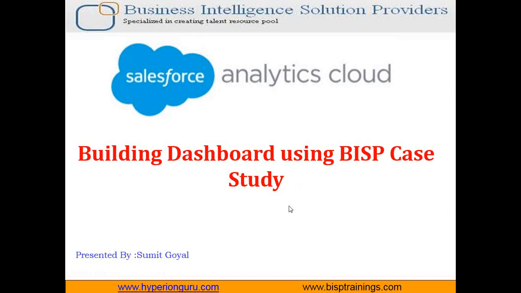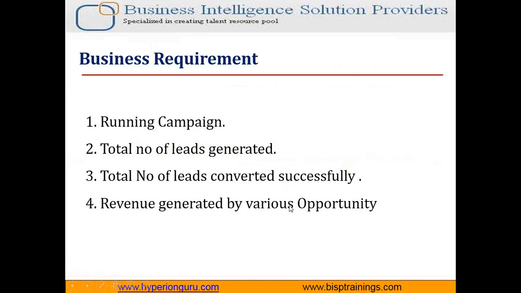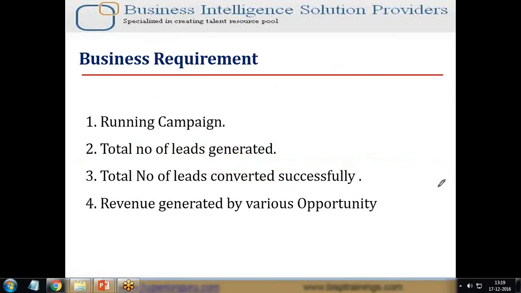But before moving on to the actual implementation, let's try to figure out the requirements. These are the requirements which I'm going to cover in today's video. The first one is I would like to display the total number of running campaigns, in numbers.